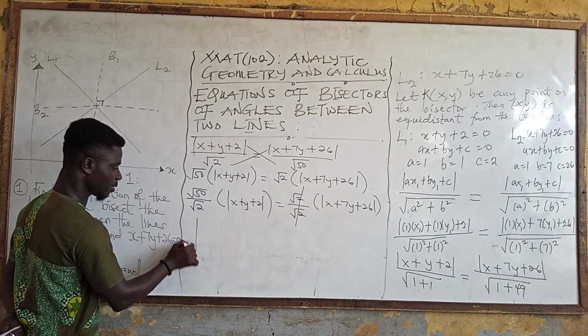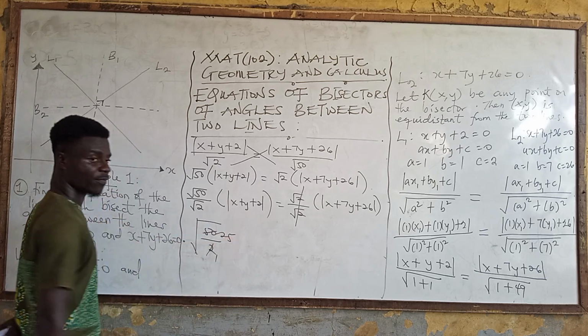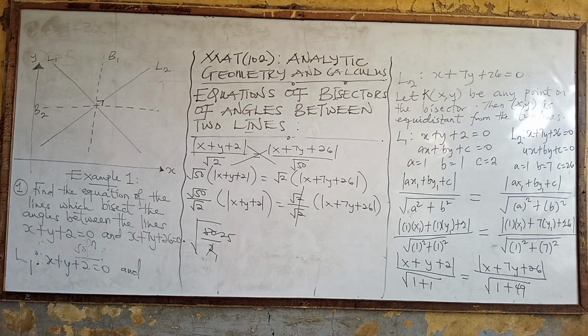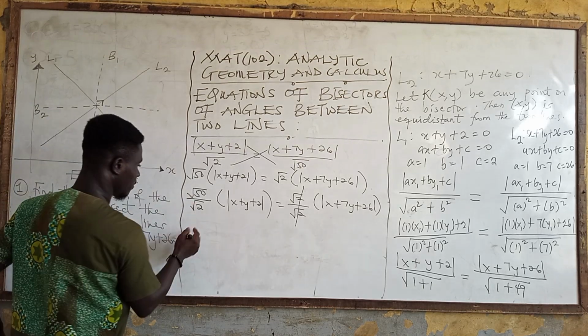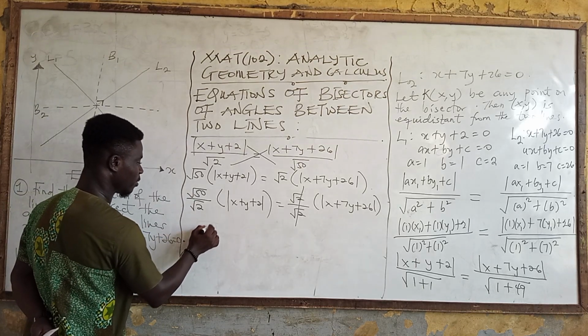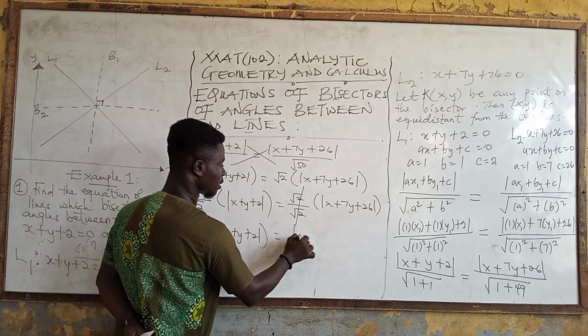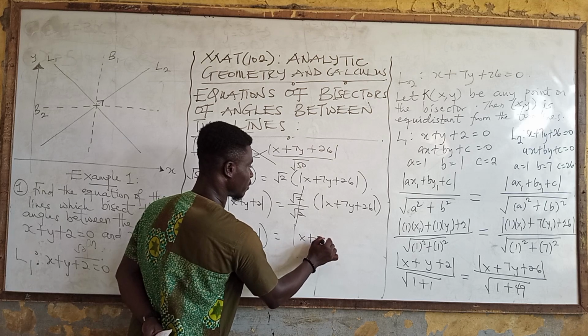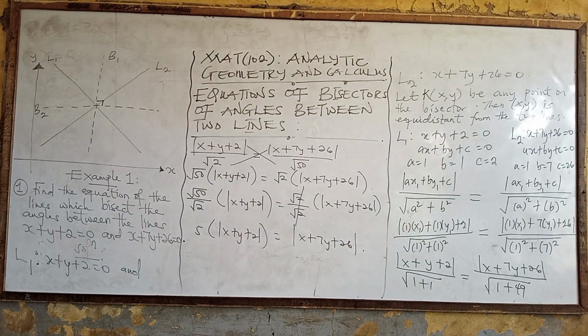Now this is the same thing as the square root of 50 over 2, which is 25, and the square root of 25 you obtain 5. So I get 5 multiplying x plus y plus 2 equals x plus 7y plus 26. So we have this, right?